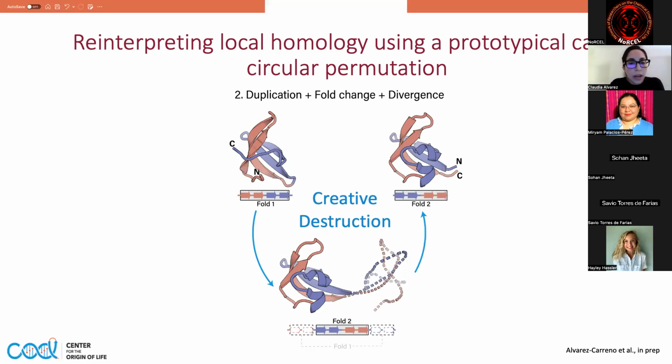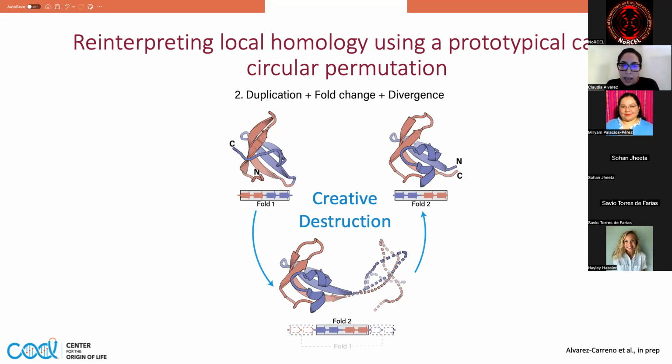So now what happens in evolution is that sometimes after this new form of structure folding occurs, and there is divergence of the sequences, we will get a loss of the termini of the protein.